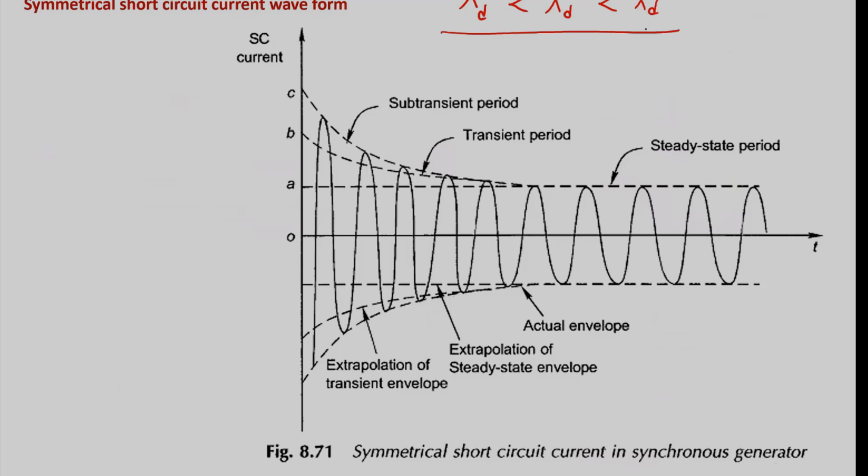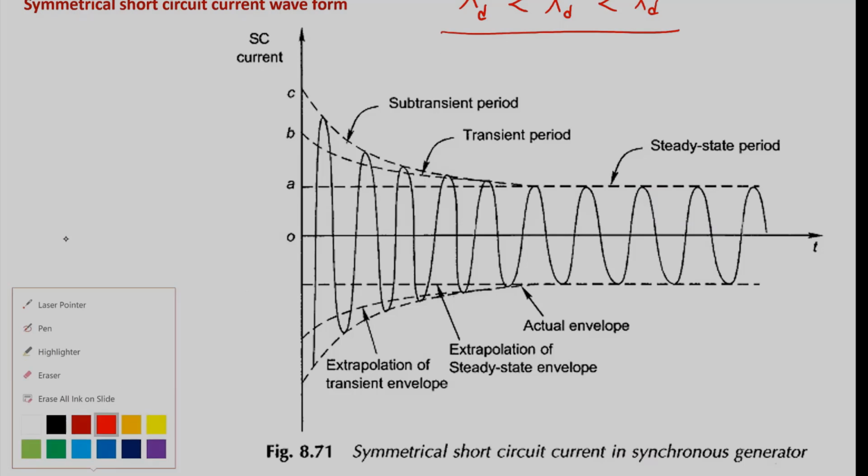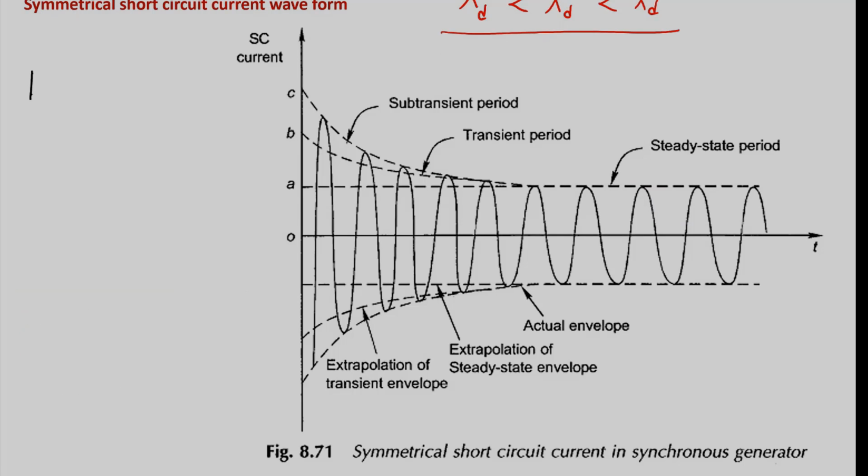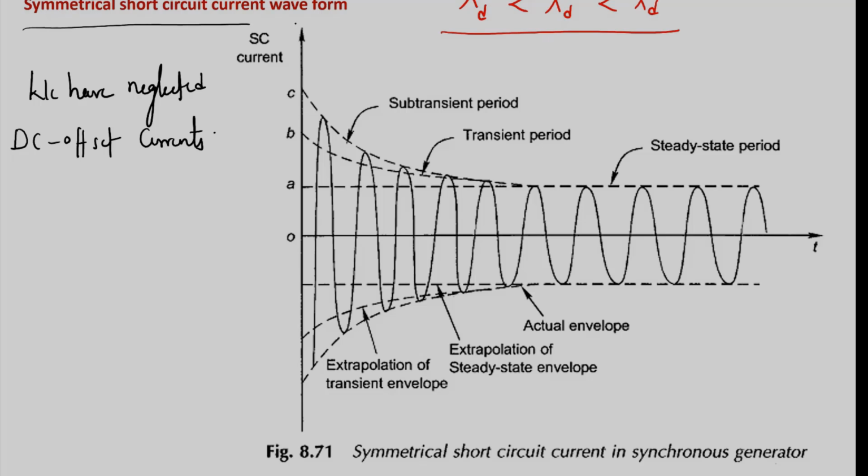The currents that flow, here we are neglecting the DC offset currents, otherwise the analysis will become complex. We are only assuming the symmetrical short circuit currents. So in this analysis, we have neglected DC offset currents and only analyze the behavior of the symmetrical short circuit current.